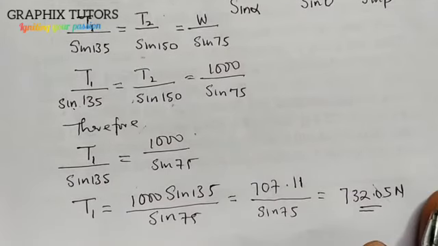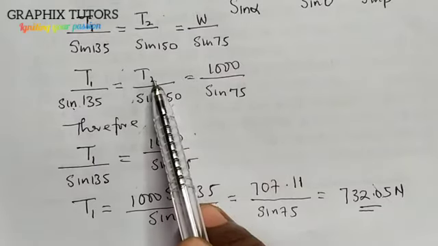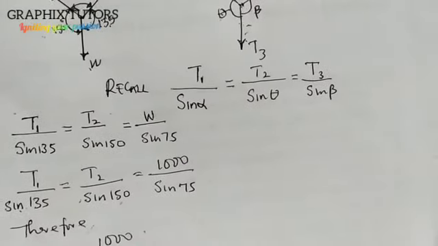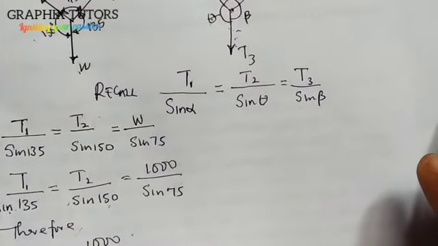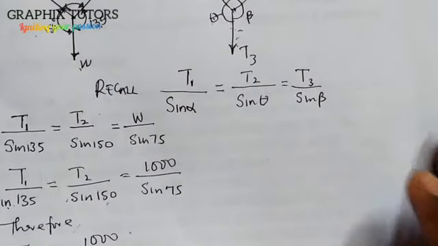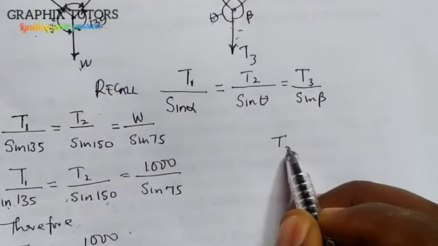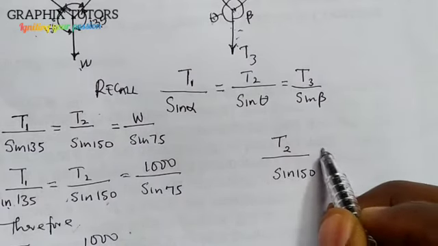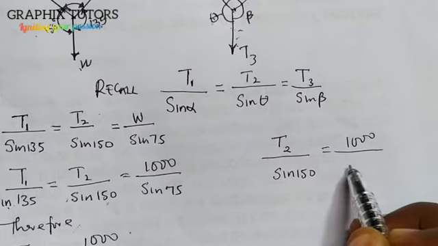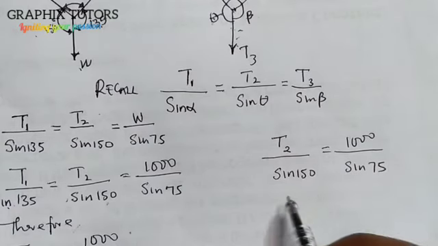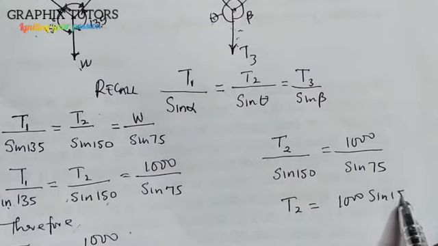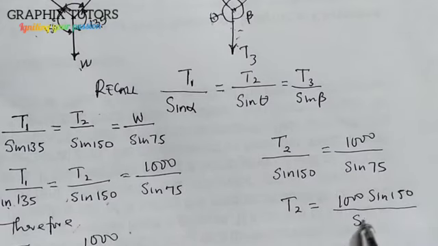Now the next thing you do, the same thing, is you take T2 and this. So for T2 over sine 150 equals 1000 over sine 75, T2 will now give me 1000 sine 150 all over sine 75, since I cross multiply.